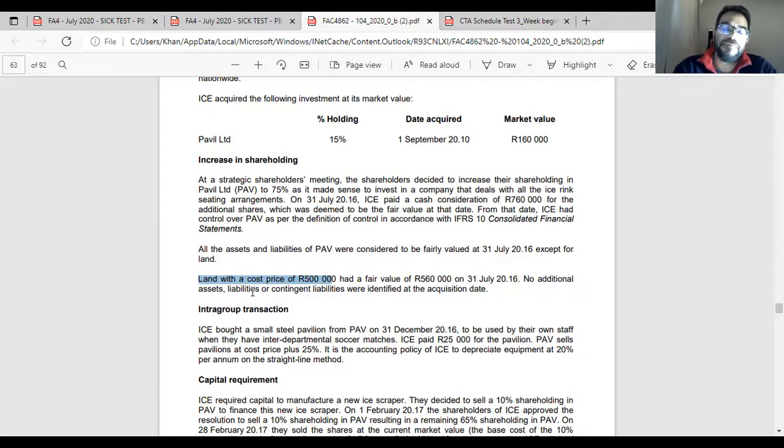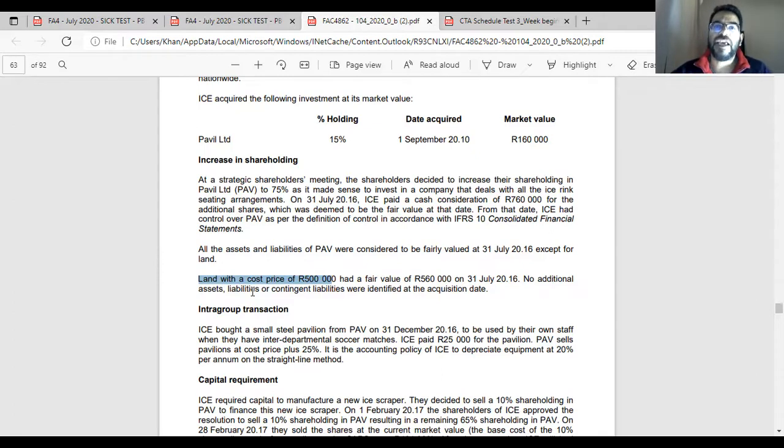So let's say, like here, we acquired it on 1 September 2010 for 160. Let's assume that on 31 July 2016, the fair value is 200,000 for that 15%.